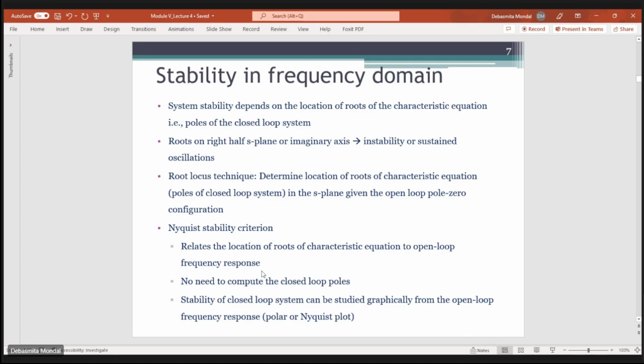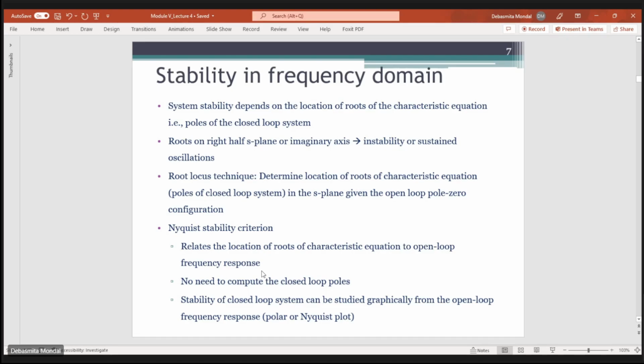So if the poles of the closed loop system lie on the imaginary axis or on the right half of the S-plane, the system will be unstable. If they lie on the imaginary axis, there will be sustained oscillations, and if they are on the right hand side of the S-plane, there will be exponentially increasing oscillations, and it will ultimately lead to instability.